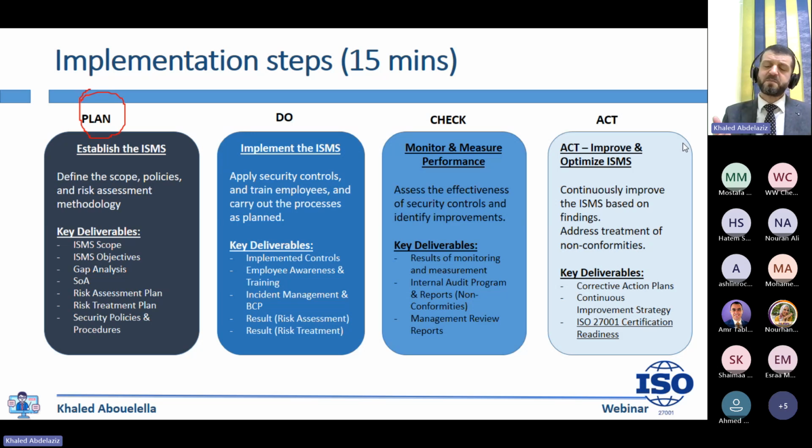We need to identify the physical boundary for implementation, the organizational boundary, and the technological boundary as well. So the scope should be set and aligned with the business objectives.